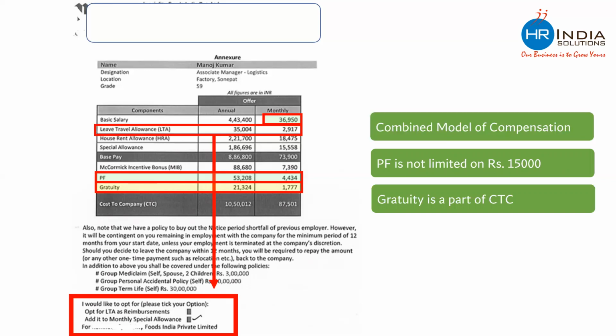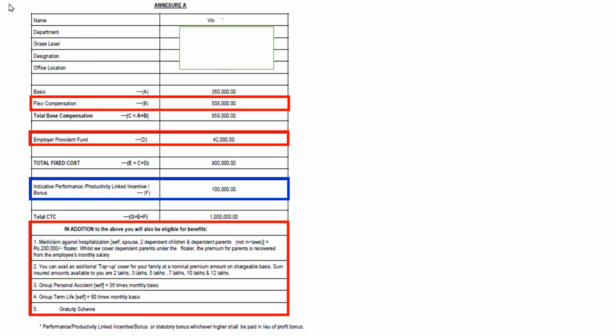Let's have a look at the third and last. This offer letter or CTC annexure is an offer letter of the Tata Group of companies, which is very employee friendly and very ethical. So the company is offering 10 lakh to the person.